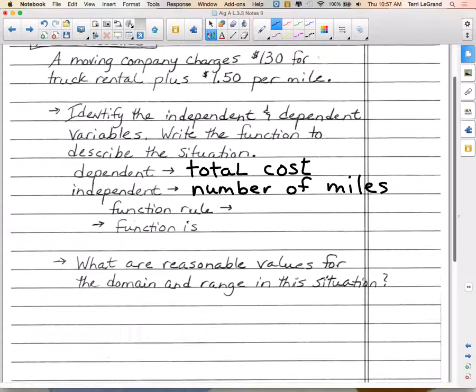Okay, write a function rule in your papers right now because I know you got this. Go! Write a function rule. Remember that only has x in it, no y, no f of x, no equals.